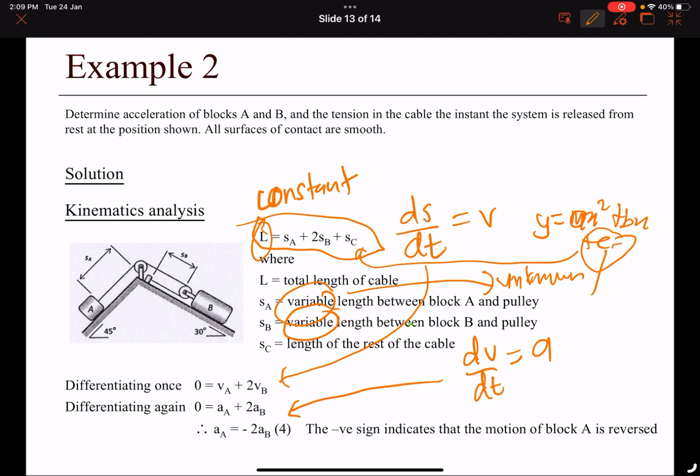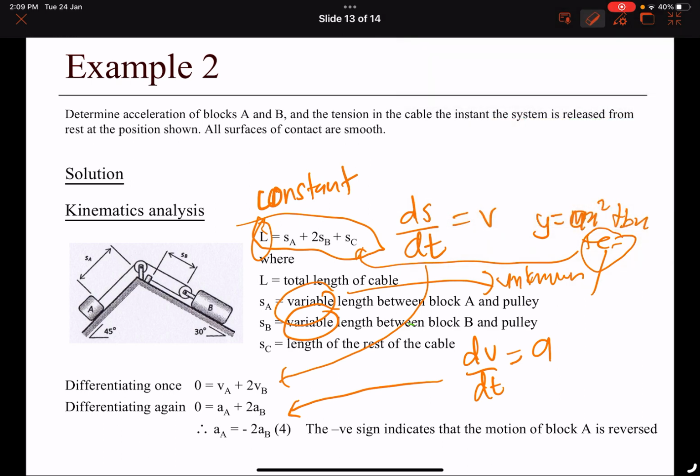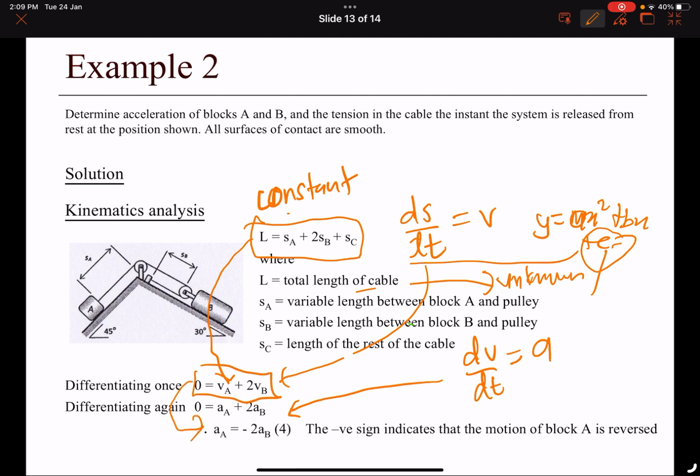It's a bit messy here, let me erase the other things. Again I will differentiate. If I differentiate this one, I will get velocity, and if I differentiate the velocity, I will get acceleration.